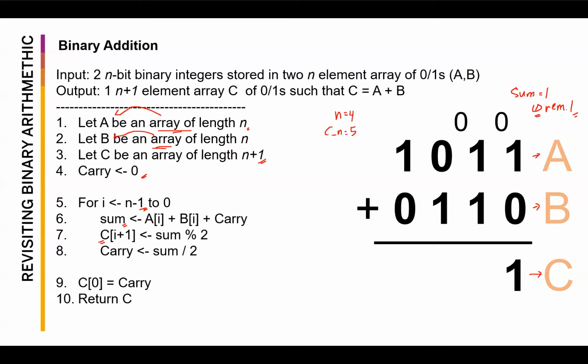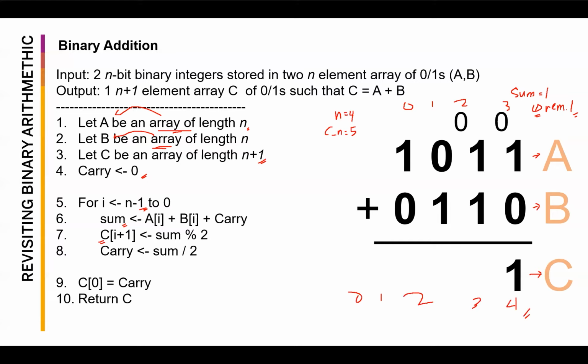Remember that our length for array C is actually n plus 1. If our initial n is 4, since the length is 4, then C will have length 5. So if we go n minus 1, we are pointing at index 3 for A and B: 0, 1, 2, 3. But for array C, since it's n plus 1, we actually need to point at 0, 1, 2, 3, 4.